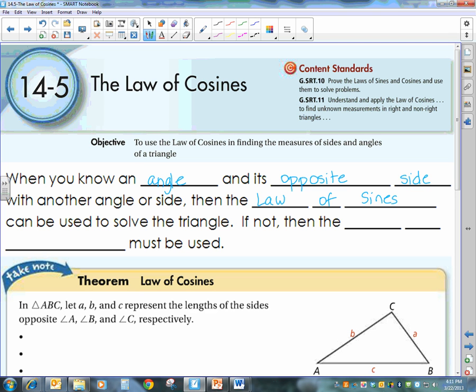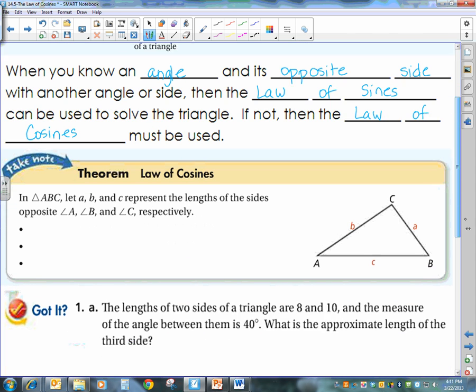But of course sometimes you're not going to have that information, and if not, then we're going to be able to use the law of cosines. So that's what we're going to talk about today. We're not going to derive it. We're just going to go with the formula and use it.